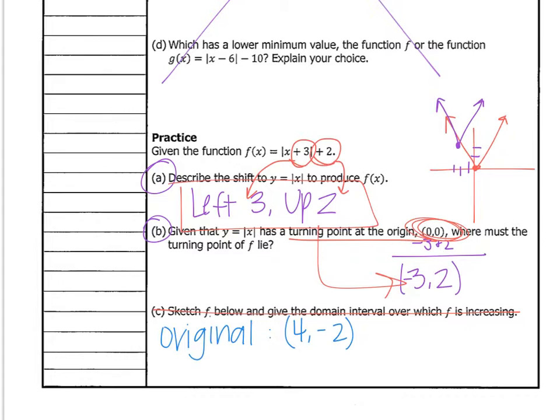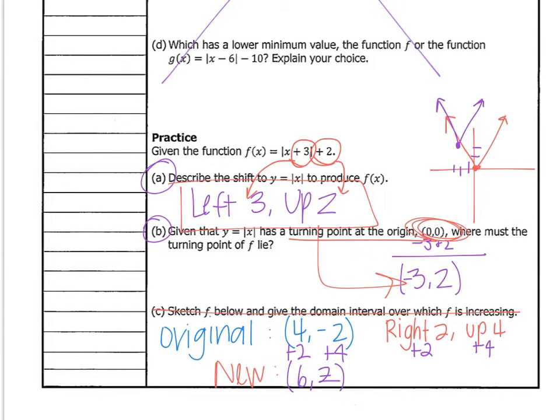And the transformation is right 2, up 4. So I want to know what are the coordinates of the new turning point. So to the right 2 means to add 2, up 4 means to add 4. So add 2, add 4. So the new coordinates would be 6, comma, positive 2.